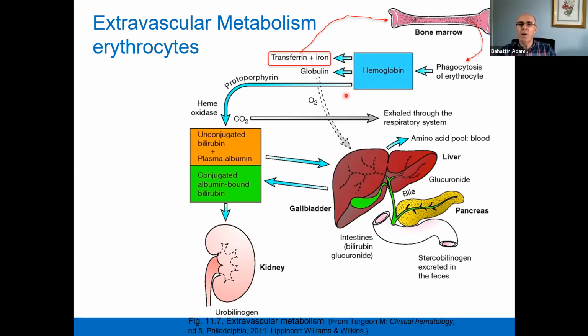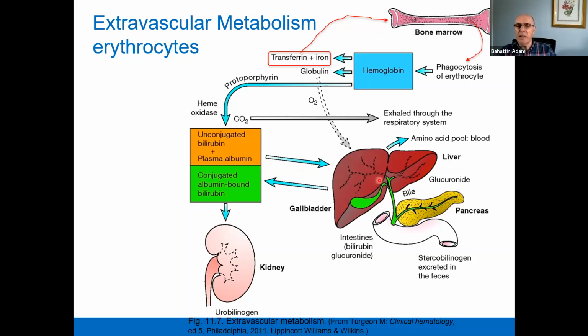Okay. So the other part of the heme was porphyrin, which consists of 4 rings. This porphyrin is converted to bilirubin, and this bilirubin is combined with albumin in the blood circulation. As you see here, the unconjugated bilirubin, which is produced in the reticuloendothelial system, is transferred to the liver by albumin.